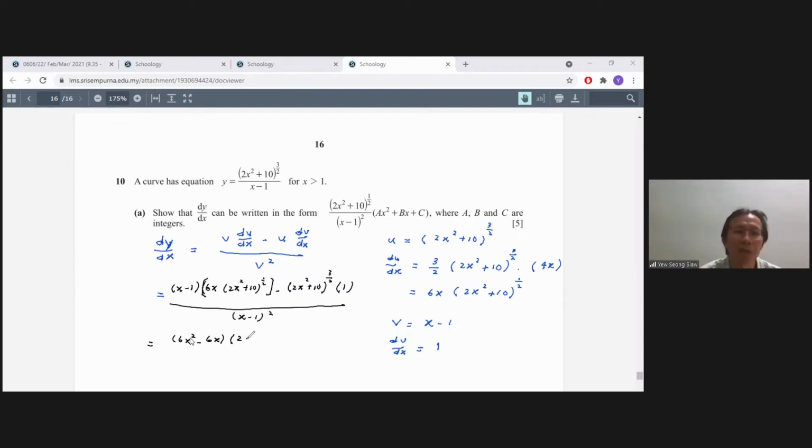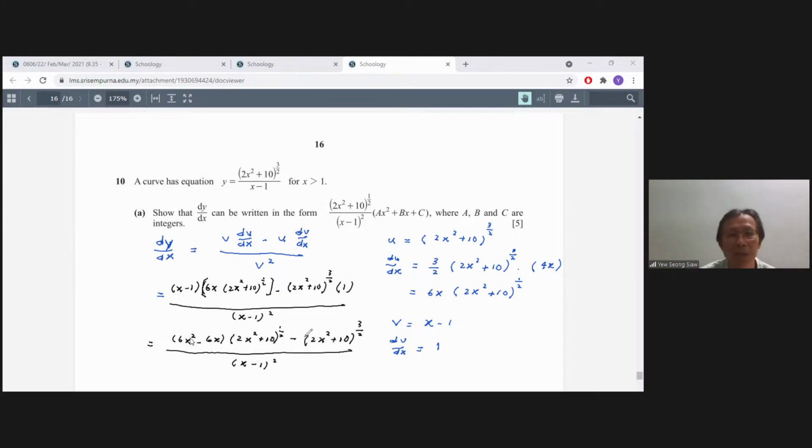This I copy first. The other side is 3 over 2. So now this and this, the bracket is the same.